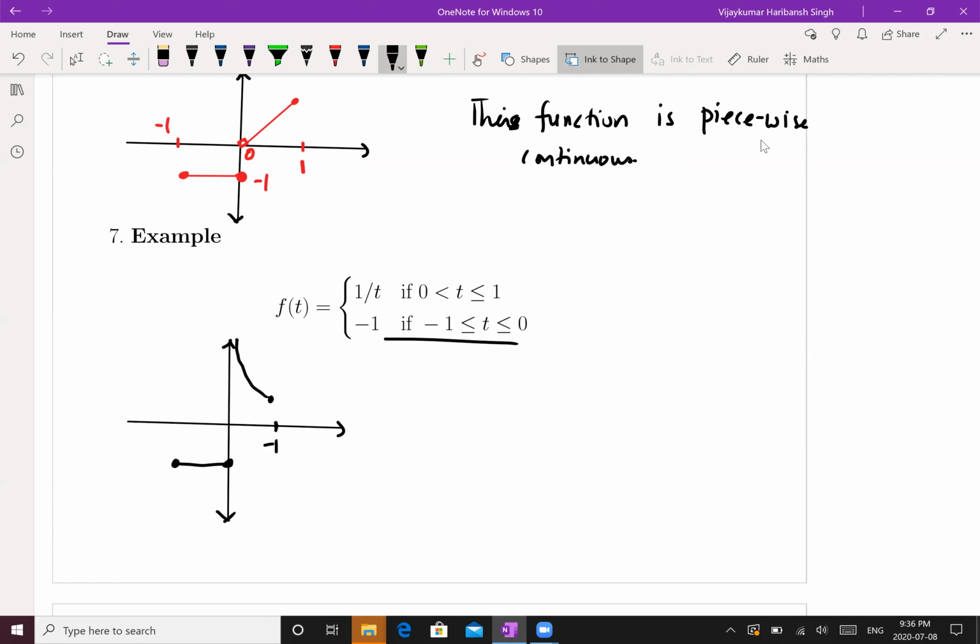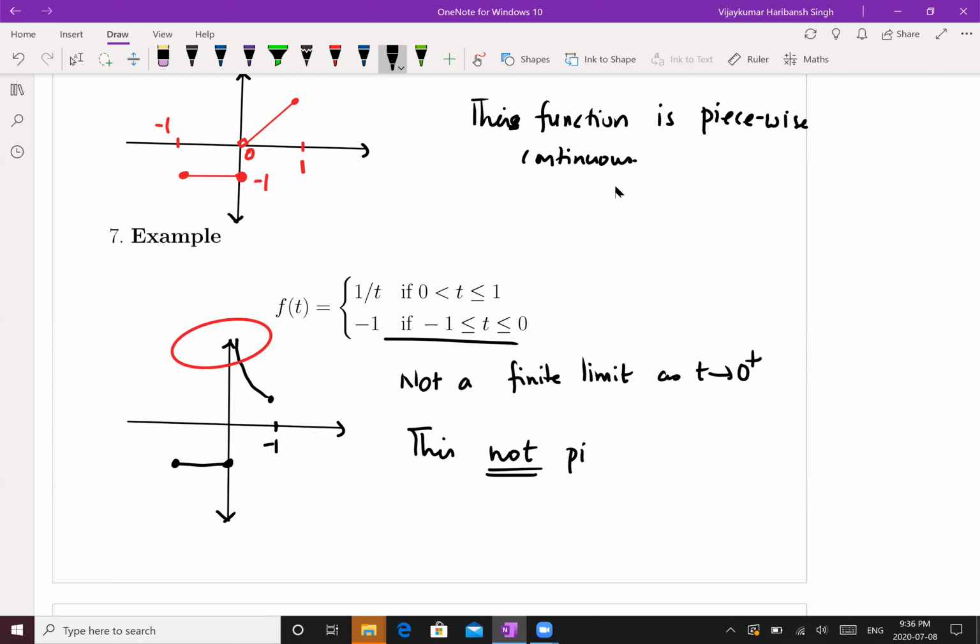So the problem is over here. What is the problem? The problem is at this point, there is not a finite limit as t goes to 0 plus. So this is not piecewise continuous.